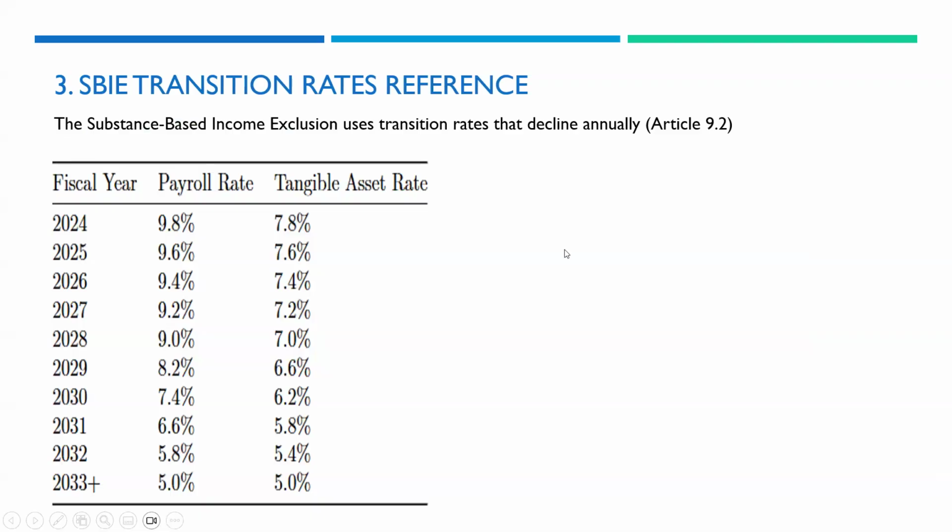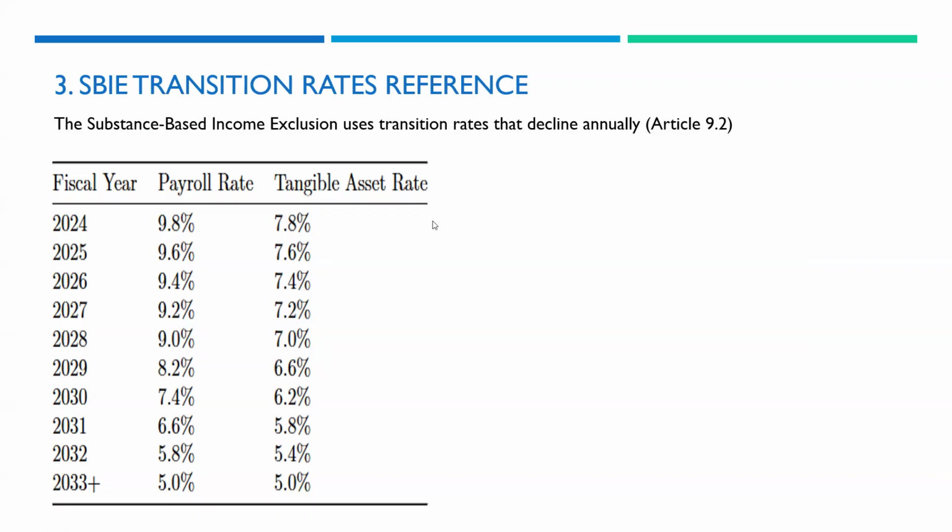So while taking the substance based income exclusion, you have to take the rate from this table. Now it is only given till 2033, and after that it will go. And if you see, it is coming down, and in the end, it is going to be 5% for payroll and 5% for tangible asset. This is the only exclusion that they will give you from net global income.